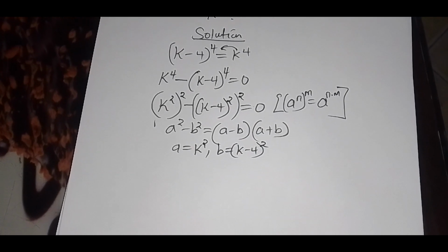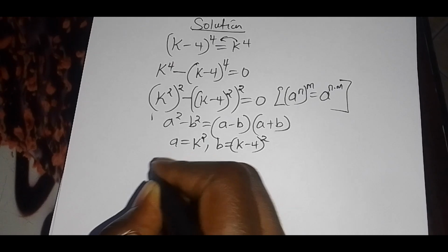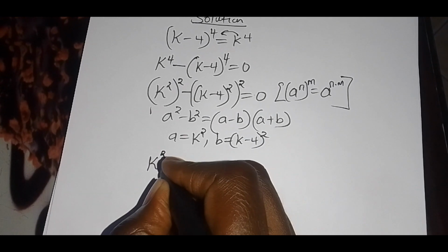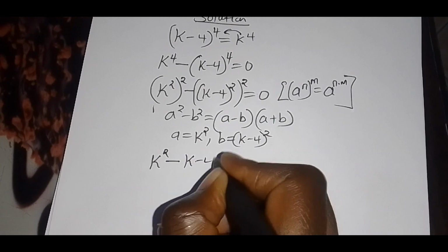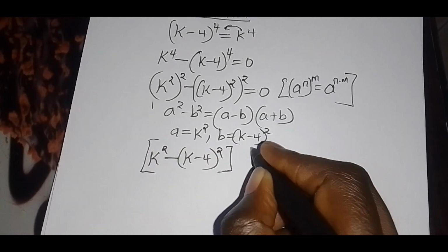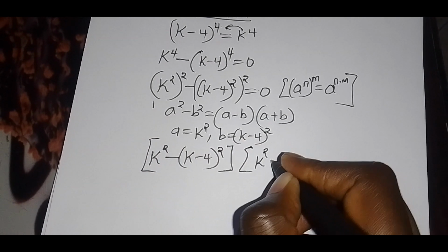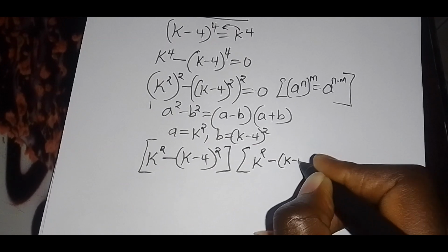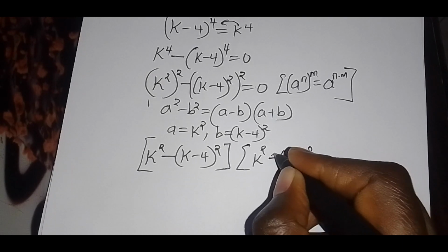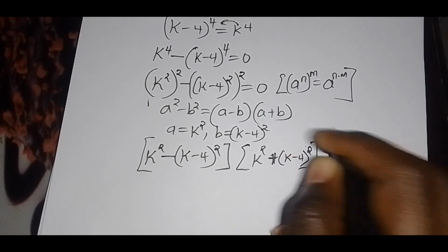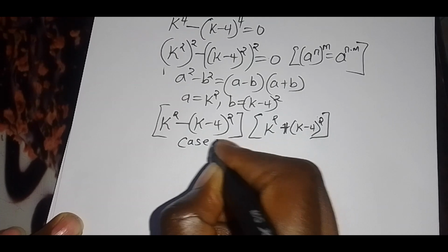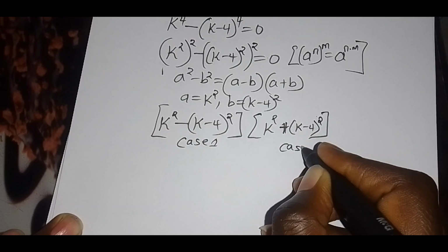So now we will have (k squared minus (k minus 4) squared) as the first part, and then (k squared plus (k minus 4) squared). We can call this case 1 and this case 2.